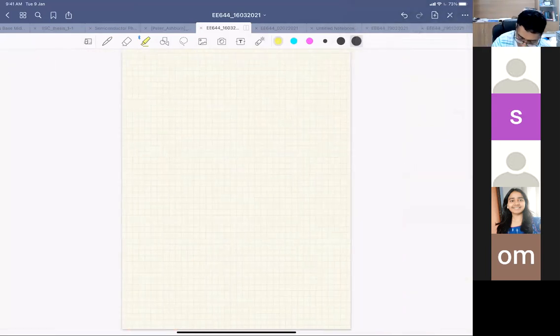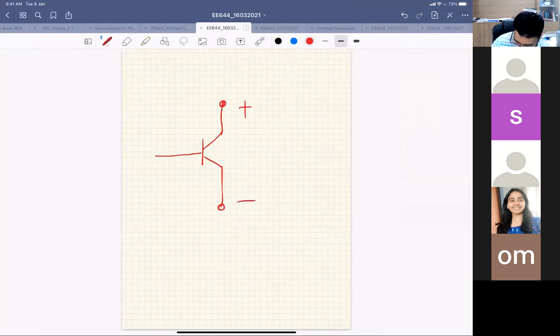So let's say this is your VC, this is your VCB, and this is your VB. I could go from collector to emitter through this path.